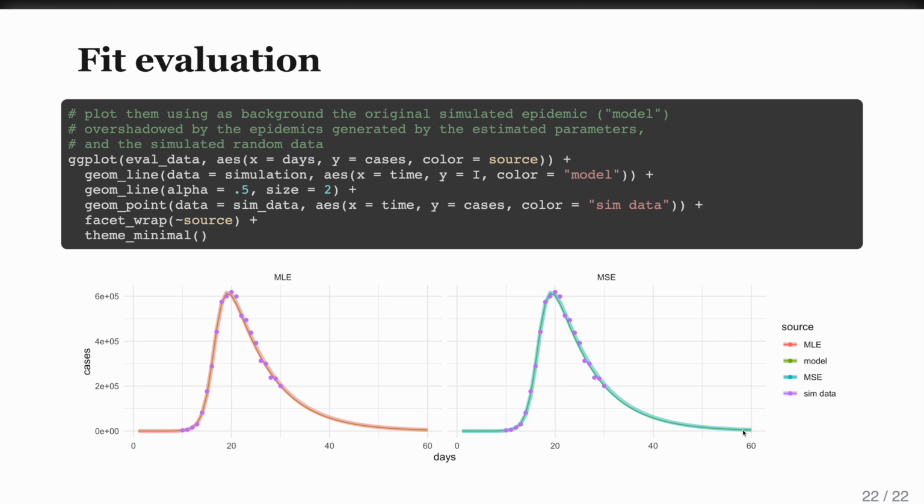But of course, this is a really simplified situation in which the model that generated the data is very simple and there is not much noise. In real life, it's very hard to expect such a good fit in places in which we don't have data.